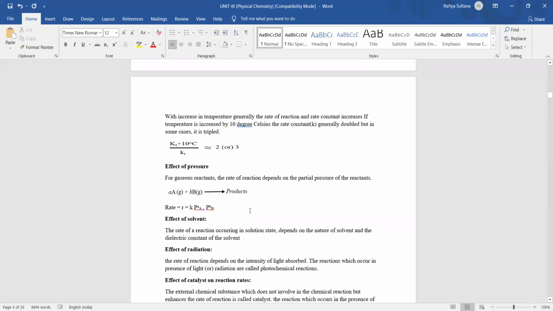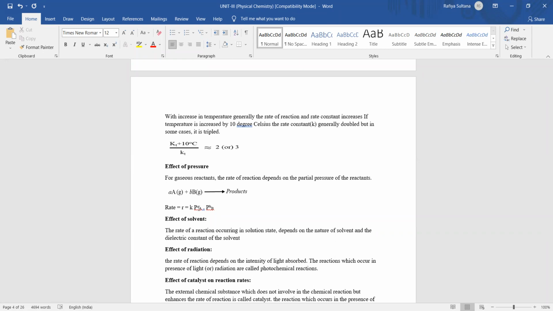Now, pressure is also directly related to the rate of a reaction, as the rate of a reaction is directly proportional to the pressure. Generally, in the kinetic gas theory, what does pressure mean? Concentration. As the rate of a reaction is directly proportional to concentration, and concentration means what?